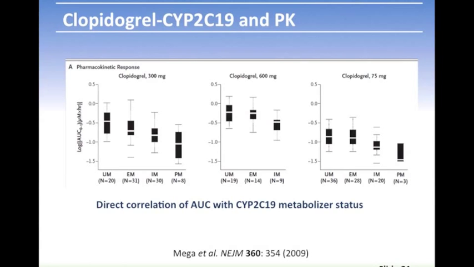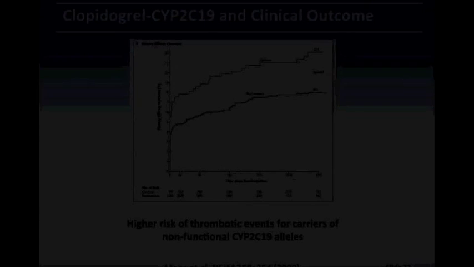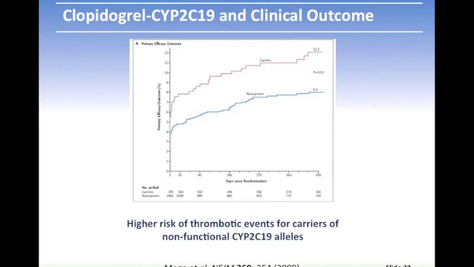Now, what about the final clinical effect? Well, it's clear from this graph from the same paper that those patients that carry a non-functional copy of CYP2C19 are at a higher risk for thrombotic events, as indicated by the red line on the graph.